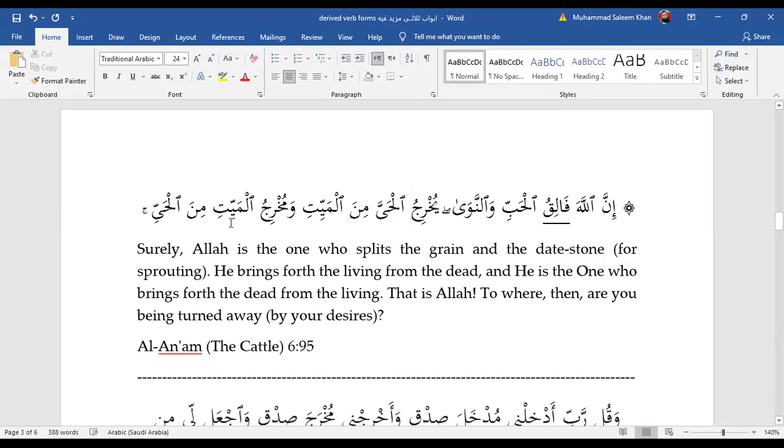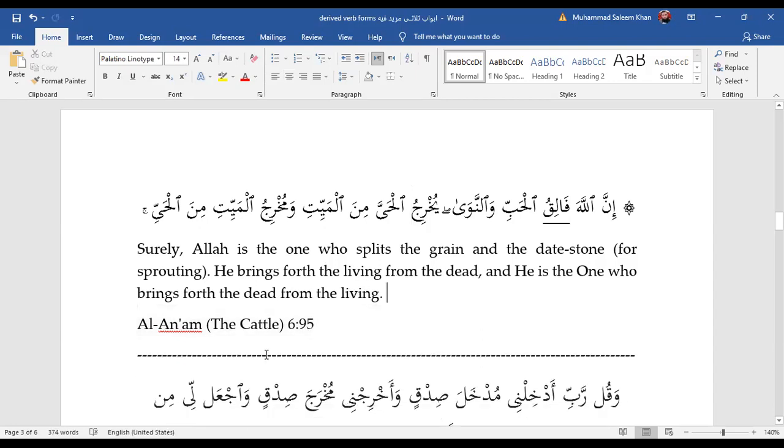And with death there is a noun, because the noun is fixed and death is fixed. So mukhrij al-mayyit min al-hayy, and also he is the one who brings forth the dead from the living. The rest we haven't covered. This is from Al-An'am, the cattle, 6:95. Okay, is there anything that we haven't learned so far?